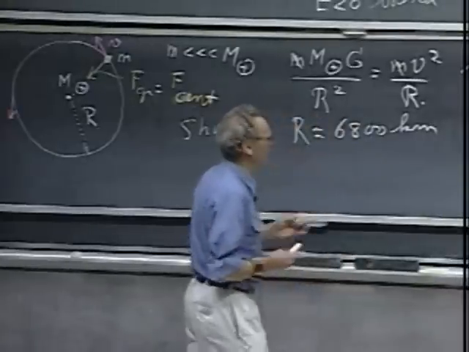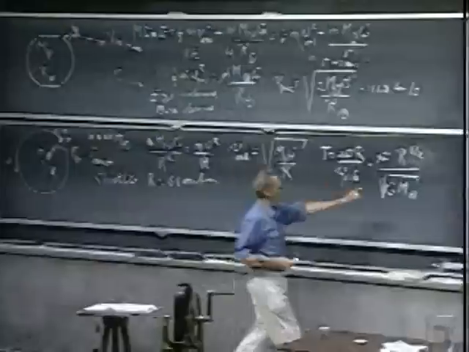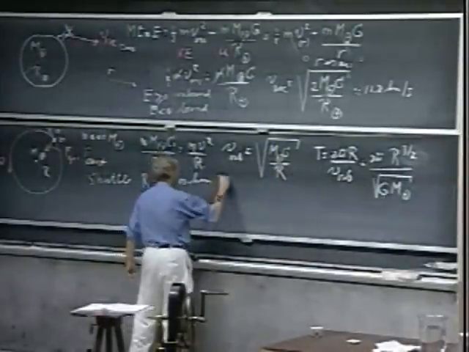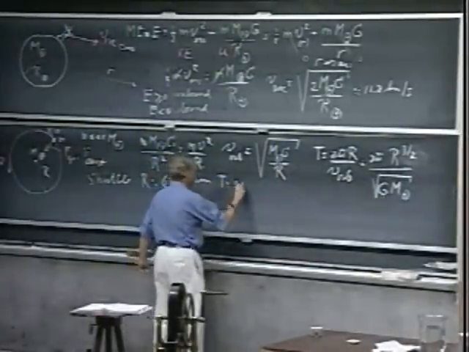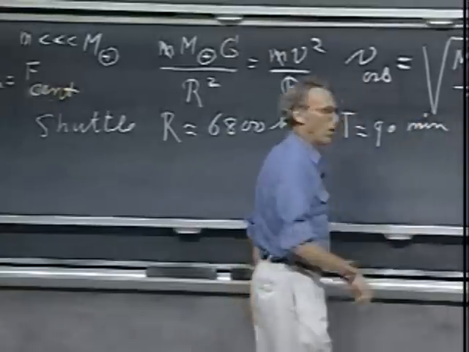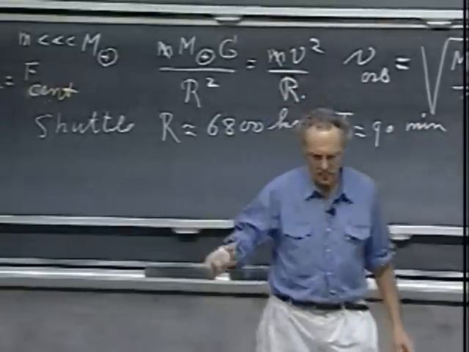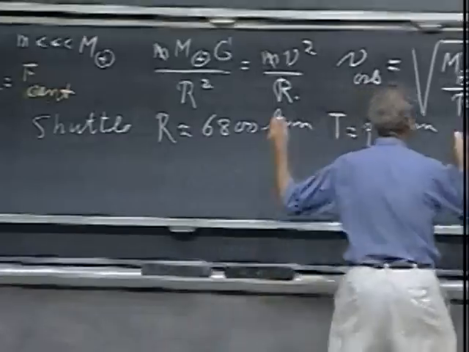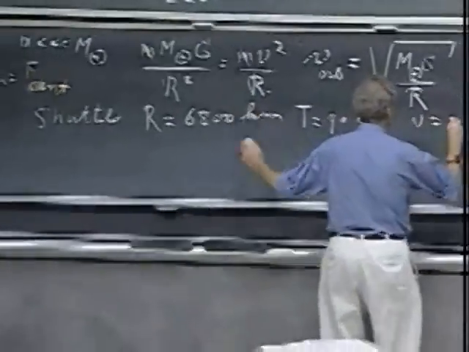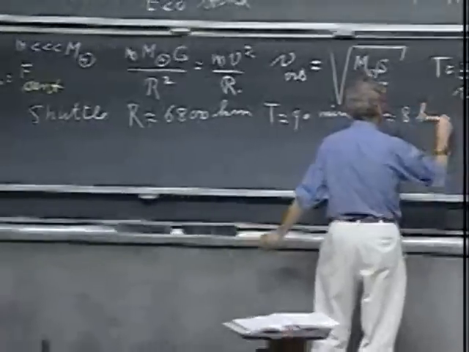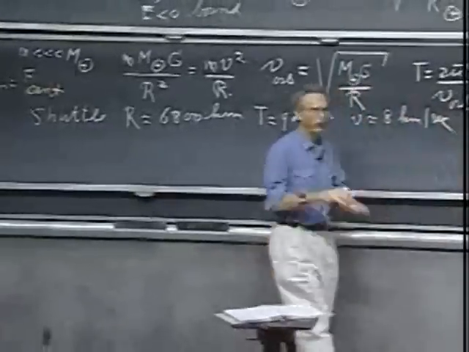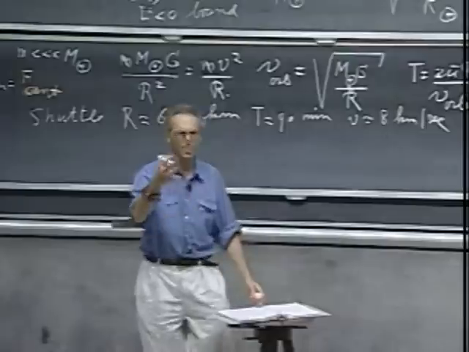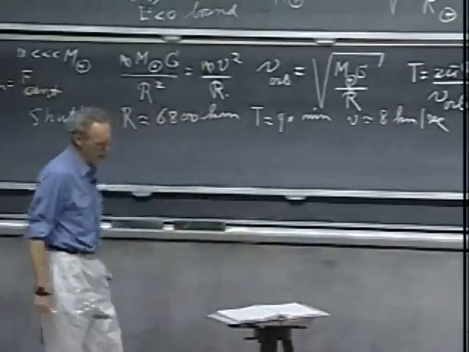You substitute that in here, the mass of the Earth and the gravitational constant, and you'll find that T is about 90 minutes, about 1.5 hours. The shuttle takes about 1.5 hours to go around, and that tangential speed is very close to 8 kilometers per second. And that holds for all near-Earth orbit satellites. Whether they are 400 or 500 or 600 kilometers, that doesn't change very much.